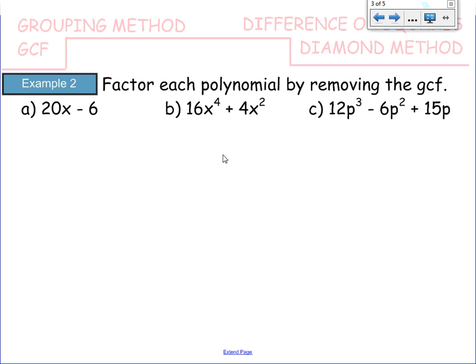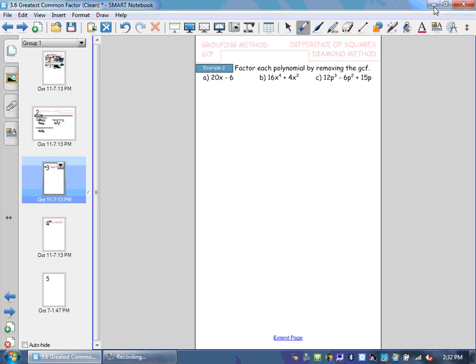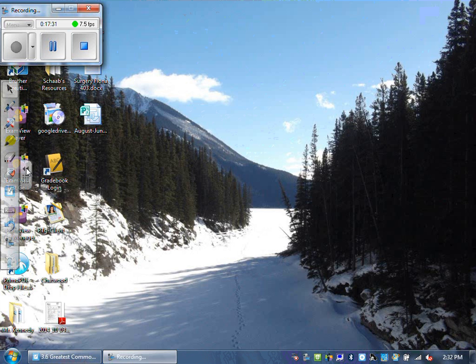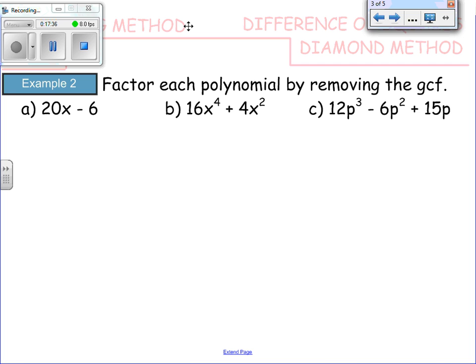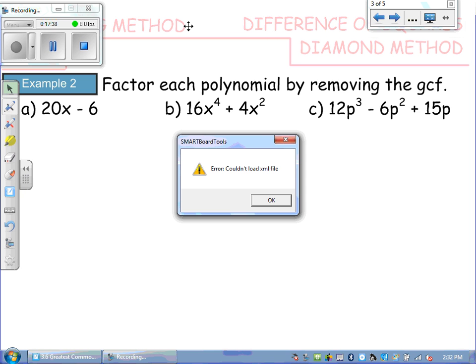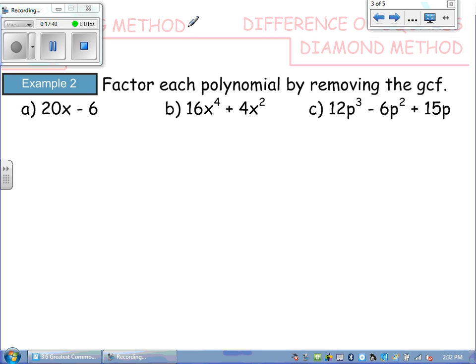We'll talk about it. Your note packages are a little messed up, so just write out whatever you need to write out so it makes sense. Okay, Josh? Just write out whatever you need.